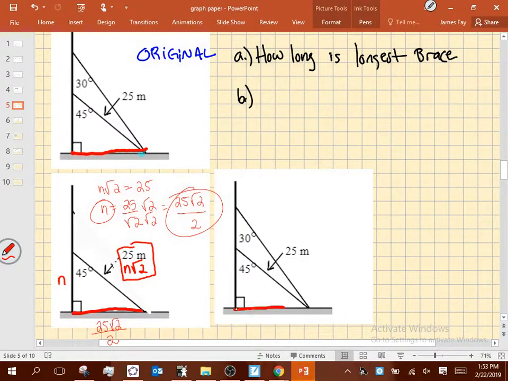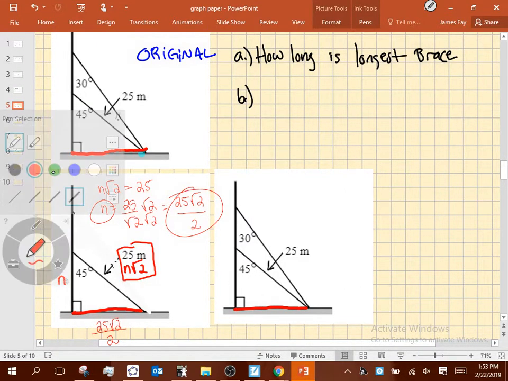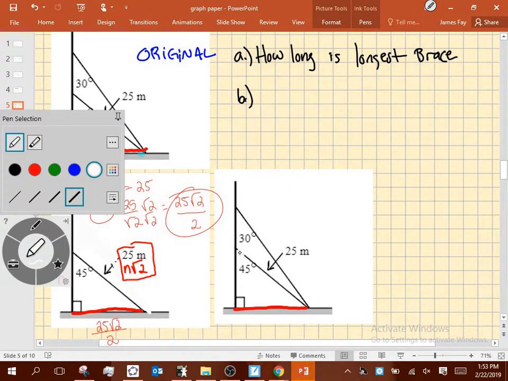If I come over here, the reason we have this triangle over here is because I'm going to now look at that triangle. Well, if I'm going to look at that triangle, we now know that this distance here is 25 radical 2 over 2.